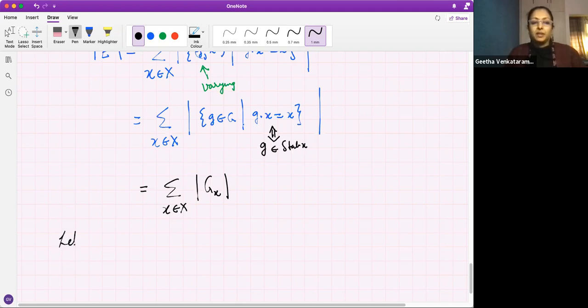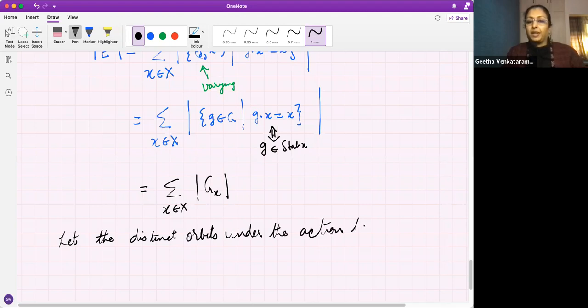Now let the distinct orbits under the action be O1, which is the orbit of say x1, all the way up to Ok, which is the orbit of say xk.